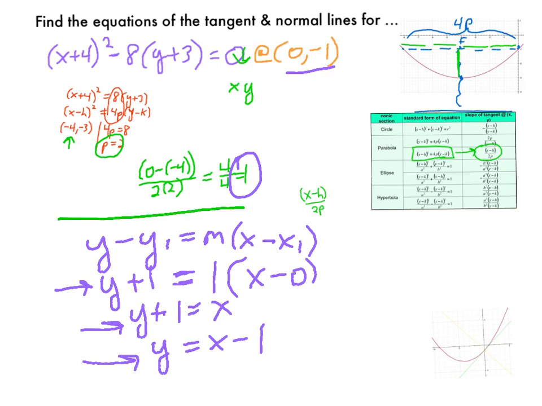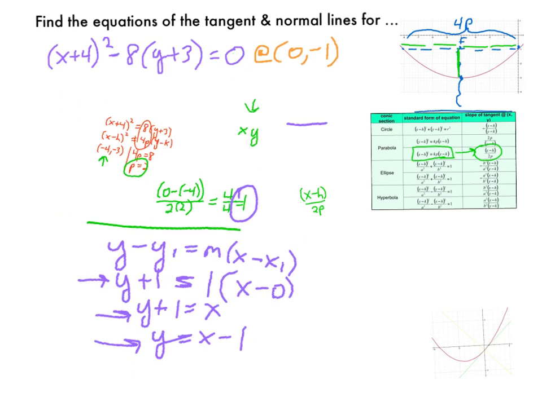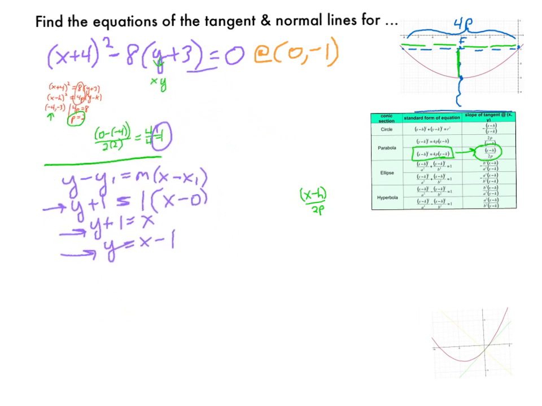But it's also asking us for the normal line. All right, so fine. We have, let me make this smaller. So right there, this is the equation for the tangent line. How do we find the equation for the normal line? Well, I said earlier that the two lines are perpendicular with one another.